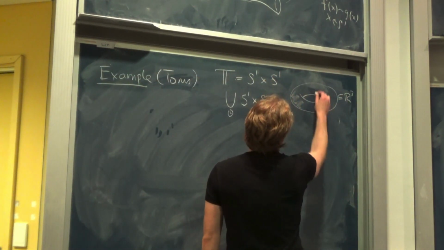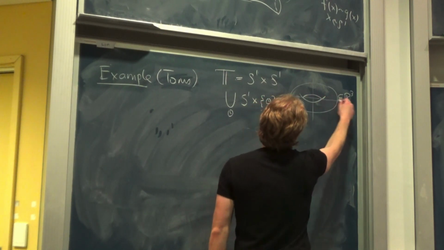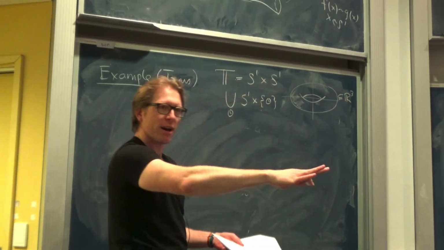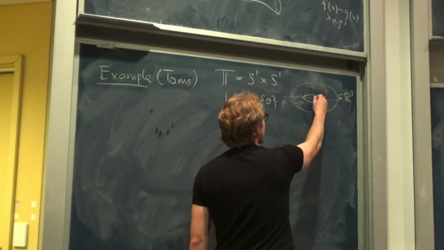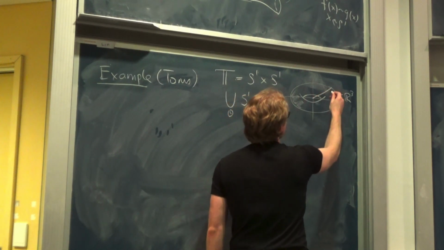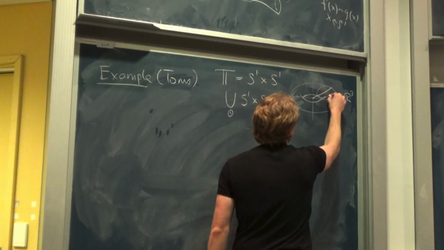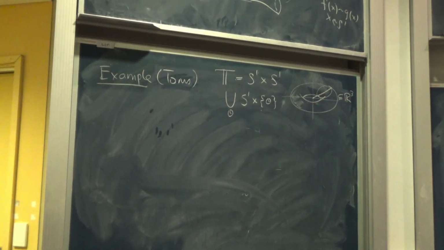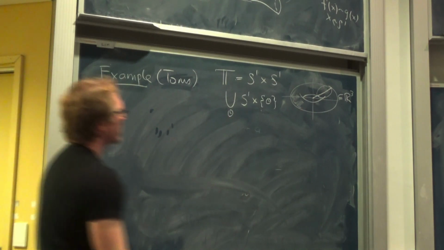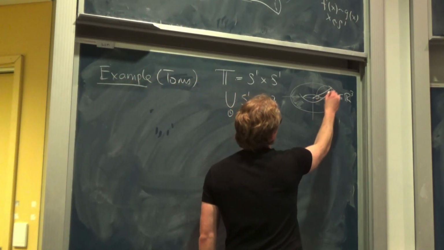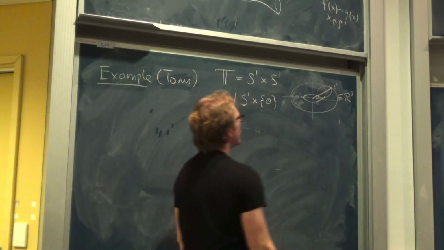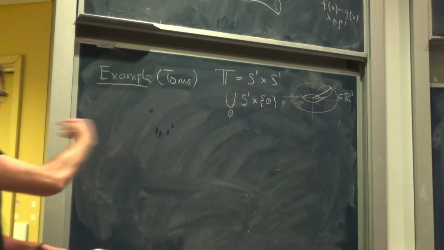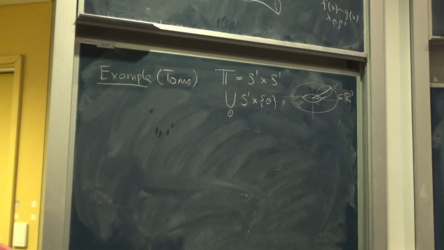Because think about the plane sort of cutting this bagel in half, and then for every choice of the angle, I get a copy of the circle, which is the slice sort of going outwards from the origin through the bagel, so to speak. Right? So for every theta, I get a copy of S1. And the union over all of those takes me all the way around the torus.